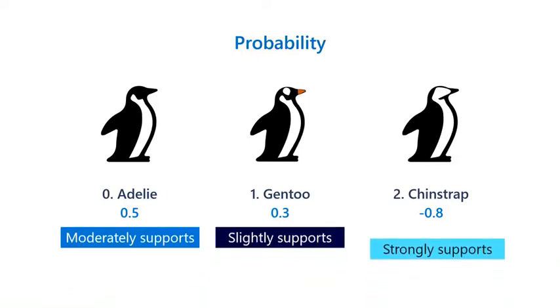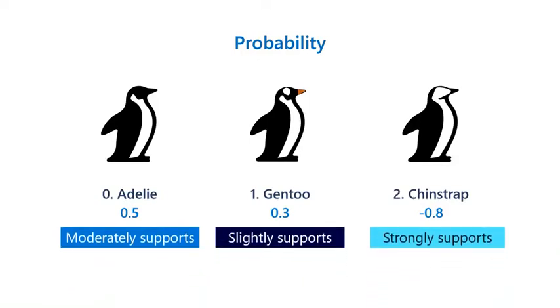This indicates that the flipper length moderately supports a prediction for class 0, slightly supports a prediction of class 1, and strongly supports the prediction of this particular penguin not being part of class 2. For a regression model, there are no classes, so the local importance values simply indicate the level of influence each feature has on the predicted scalar label.